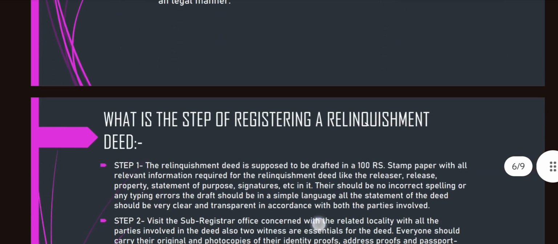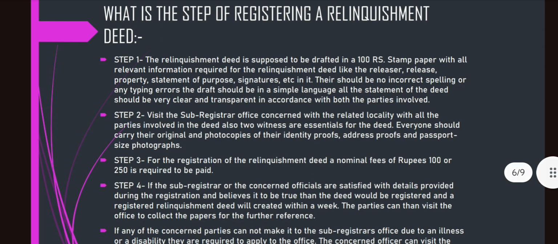Let us know what the steps of registering a relinquishment deed are. This is a very important part. The first step is to draft a deed on a 100 rupees stamp paper with all the relevant information required in that deed, that is the releaser, the releasee, property, statement of purpose, signatures of the owners, etc. There should be no incorrect spelling or any typing errors on the draft.